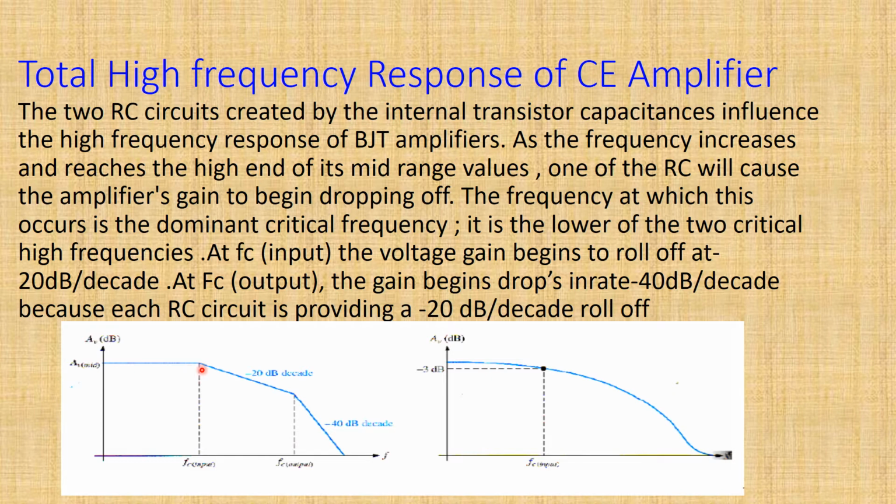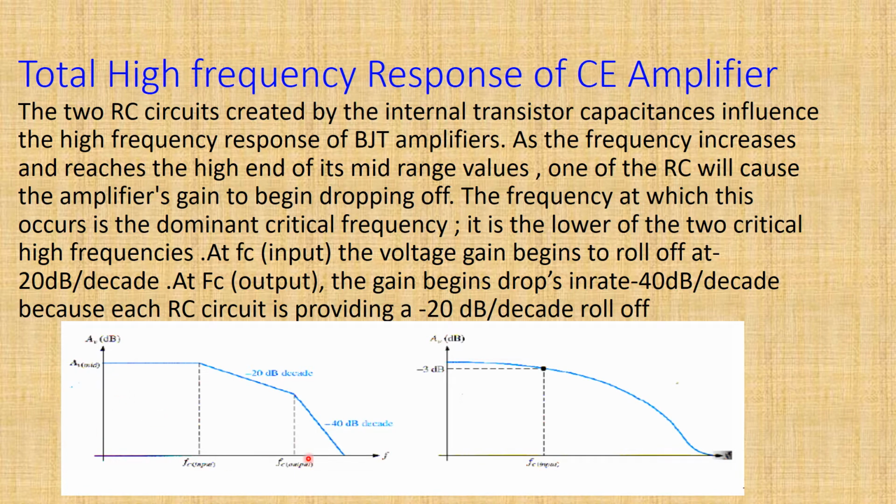So here the roll-off rate is minus 20 dB per decade. That means your voltage gain is reducing by minus 20 dB per decade, and then because of another RC circuit, the output RC circuit in our CE amplifier, it is further reduced to minus 40 dB per decade.